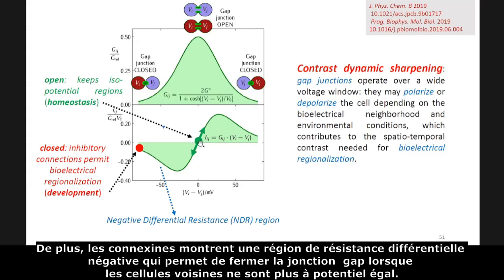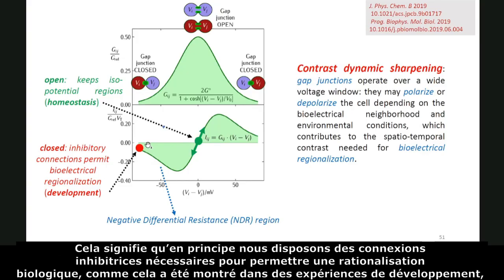However, and this is very important, the connexins show this negative differential resistance region, which allows closing the gap junction when the deviation from isopotential neighboring cells occurs.